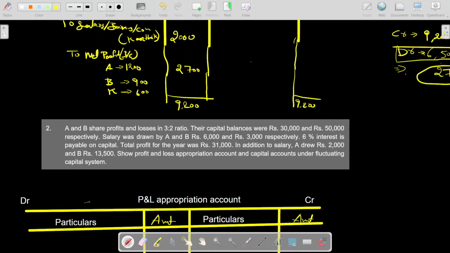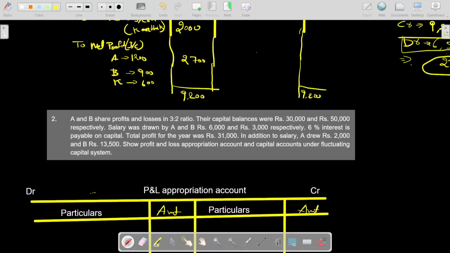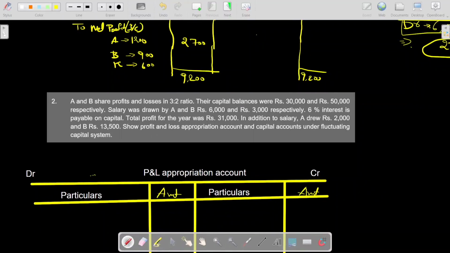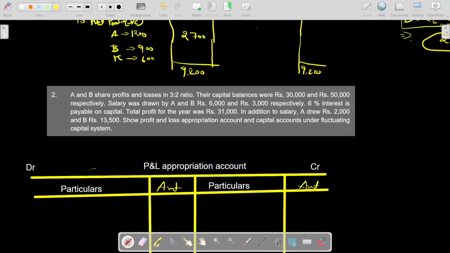This is the second problem we have to do. And what is the second problem? A and B share profit and losses in the ratio of 3:2. Their capital balances were 30,000 and 50,000 respectively. Salary was drawn by A and B, 6,000 and 3,000 respectively.